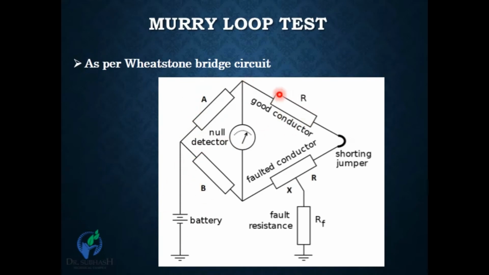The good conductor, or sound conductor, and the faulty conductor, in which resistor X and resistor R are the faulty conductor resistances and Rg is the good conductor resistance. Now the third arm is not only Rg but Rg plus R, and the fourth arm is X, which we need to find out. If we find the value of X, then we can find the resistance, and from it we can find the distance from the operating point to the faulty point.